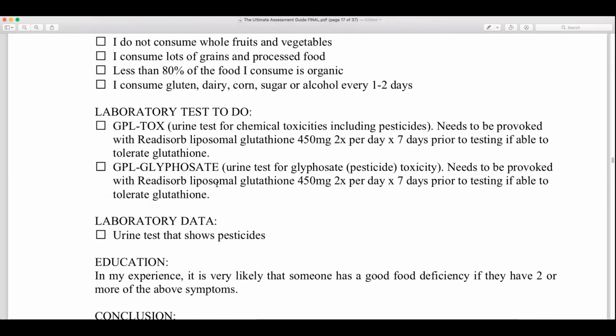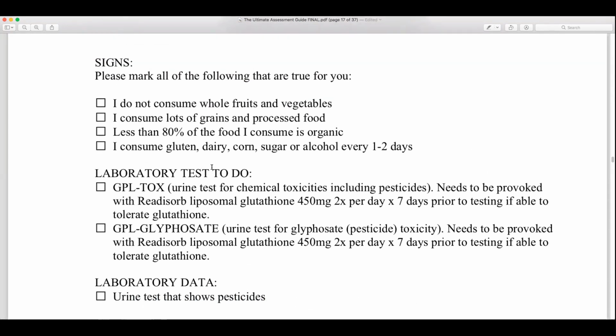So the labs can definitely be helpful, but if you're not consuming a lot of your food organic, there have been studies to show that pesticides just come out in the urine. They've done before and after testing, taking kids, and they were actually looking at behaviors, and they found that in children who were not eating an organic diet, they found pesticides in their urine, and their behaviors were not supportive of the environment that they were in, so they were poorly behaved.